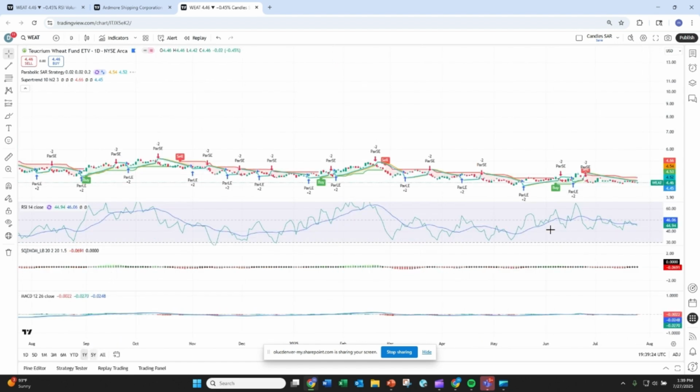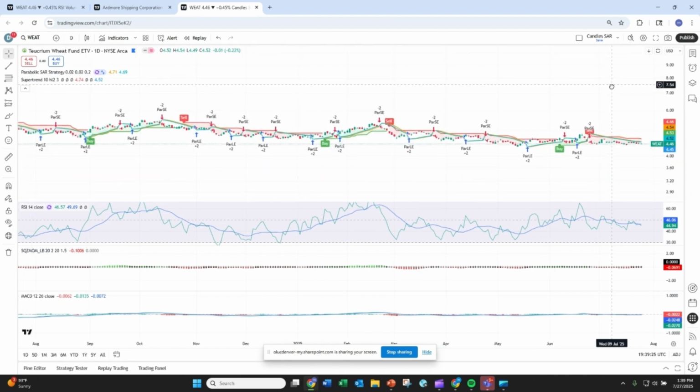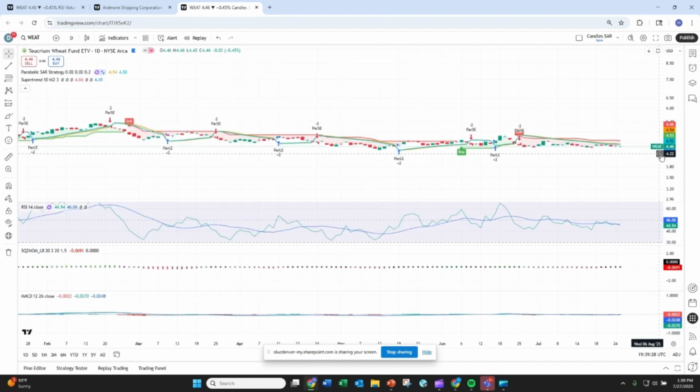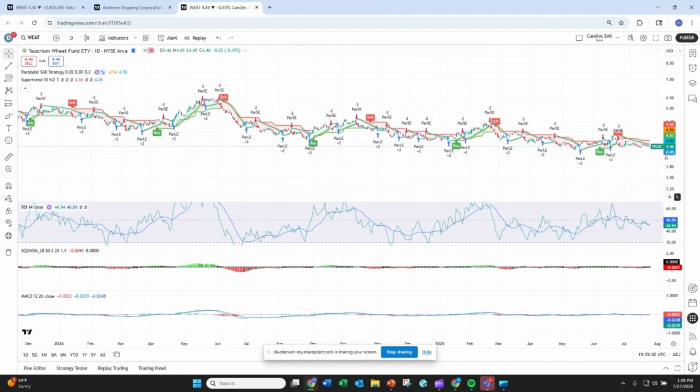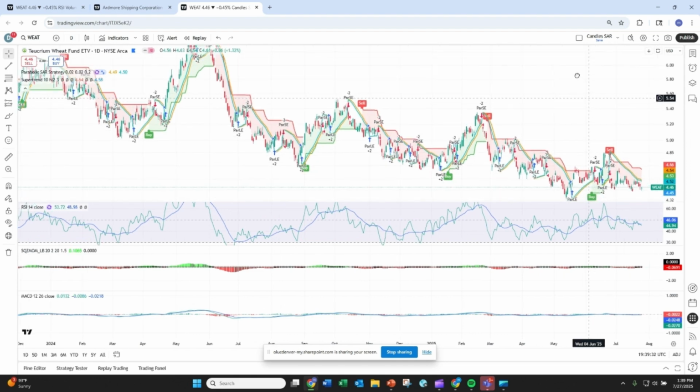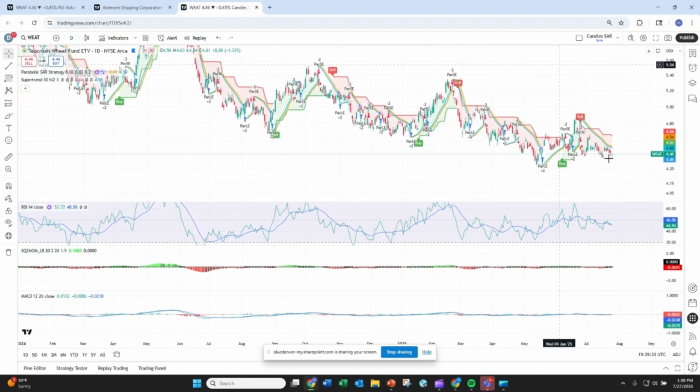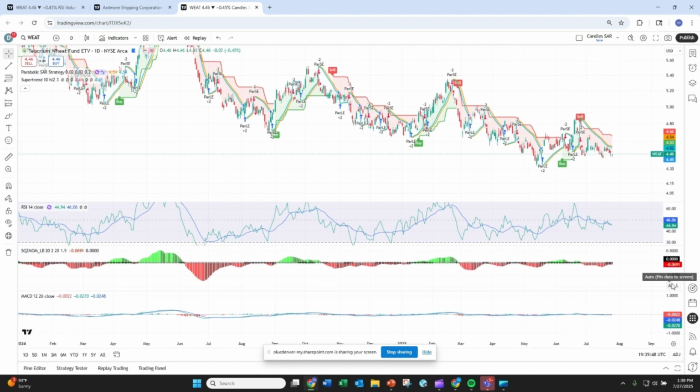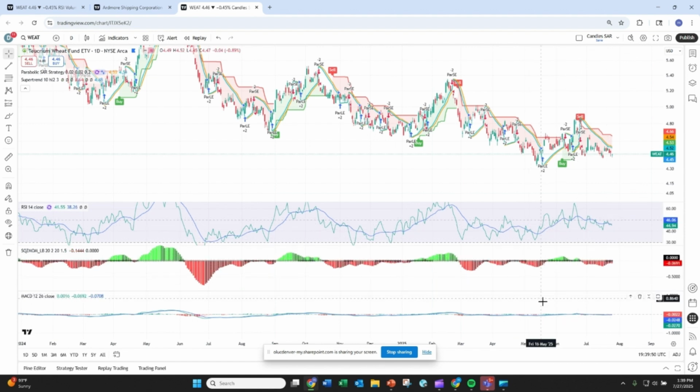Go to the daily, and oopsie, we're both sells here. RSI is in the short term heading down, but again, trending up. Squeeze momentum.